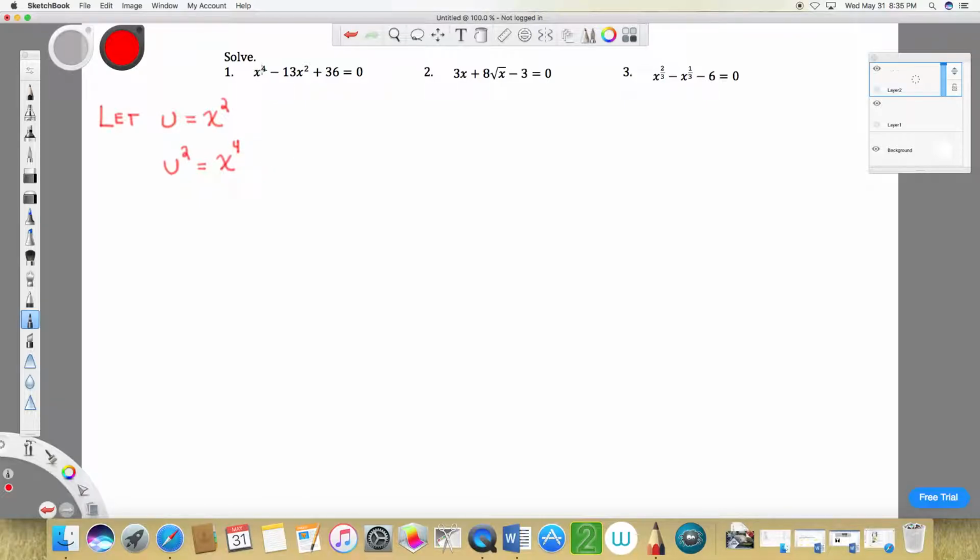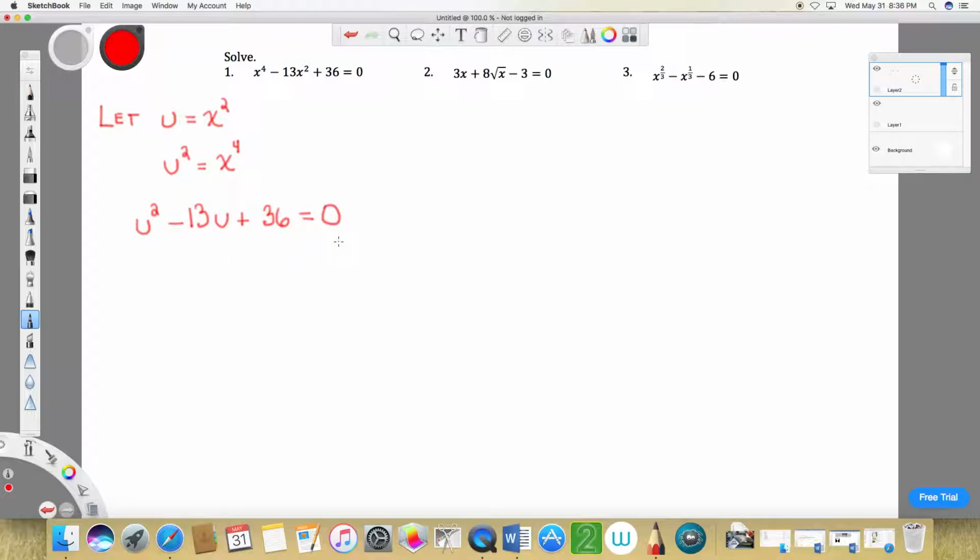So instead of writing x to the fourth minus 13x squared, I replace x to the fourth with u squared. And instead of writing x squared, I replace x squared with u. And now, through a change of variable, I have an equation that is a quadratic equation.